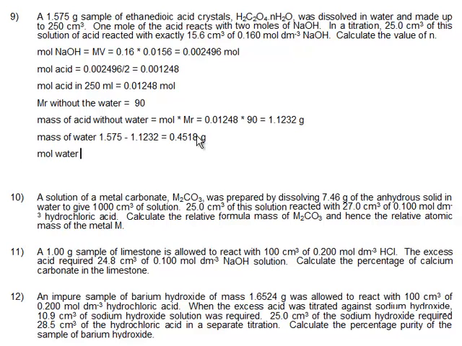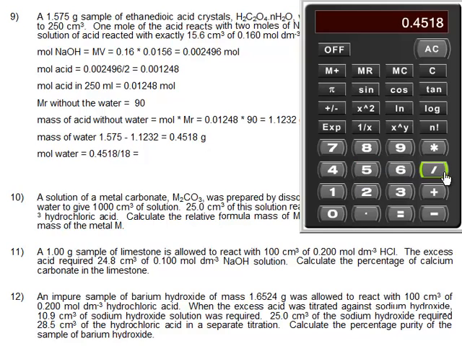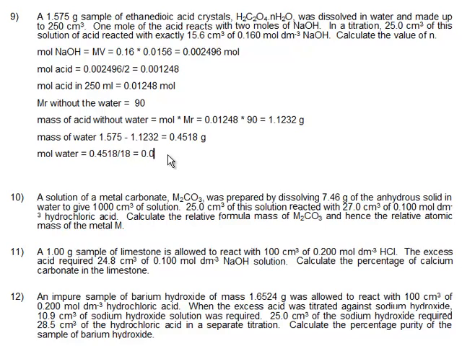So now from the mass of the water we can work out the moles of the water. Moles of water equals 0.4518 over the relative mass, which is 18. So we bring our calculator in again, divide that by 18, and that comes to 0.0251.